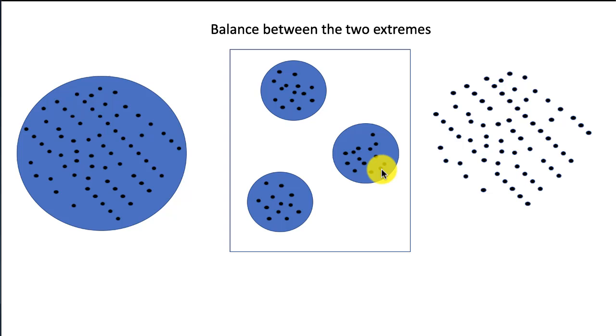And we are also reducing the complexity by saying, okay, I'm going to treat all the cases within a cluster as pretty much similar, right? So you're reducing the complexity from, let's say, 35 cases here to just 3 cases, but you're still managing to retain some of the variety or some of the diversity.